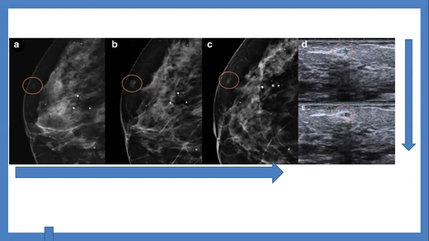But what happened? What about B and C? In mammogram C, it gets less in size. It decreases in size and density also, and follows the same on ultrasound. So what do you suspect?